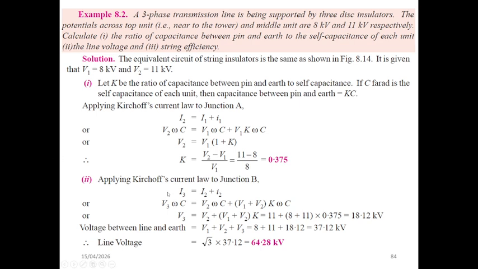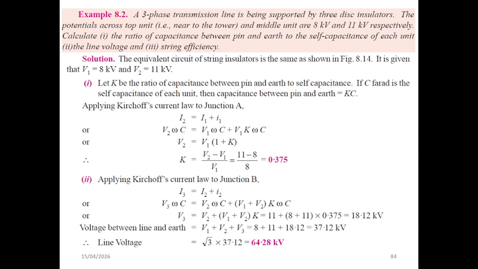Next, we can apply KCL at junction B, and we obtain another current balance equation that indicates the cumulative effect of voltages across multiple units. This leads to the expression V3 is equal to V2 plus (V1 plus V2) times K, because ωC can be removed from both sides.